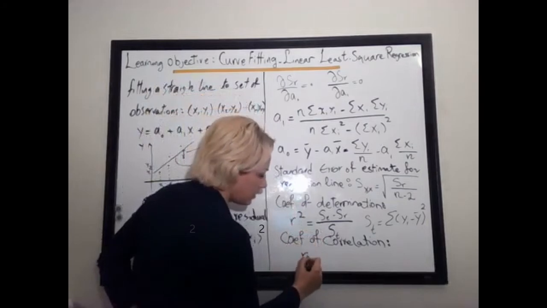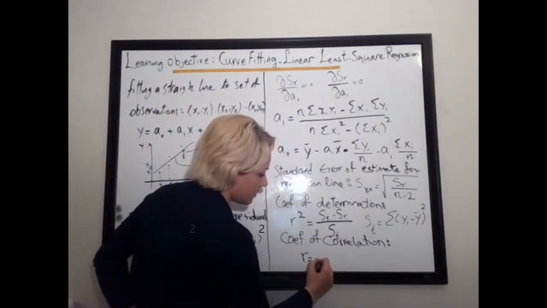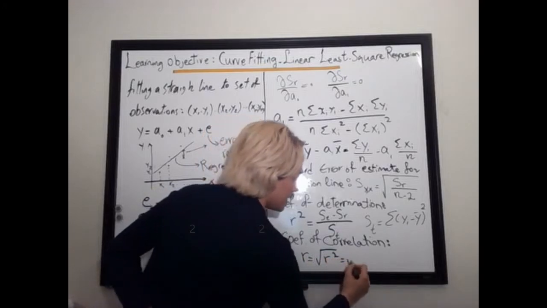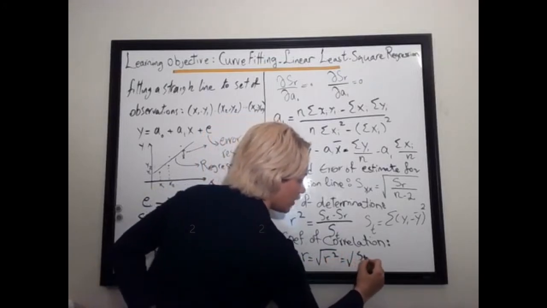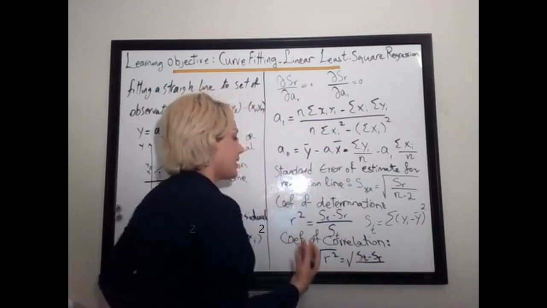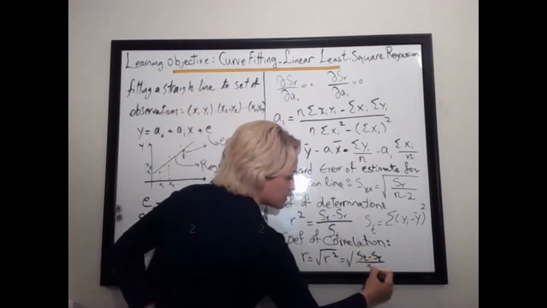So R is going to be the square root of R squared, which is the square root of the sum of the square of total minus the sum of the square of regression, divided by the sum of the square of the total.